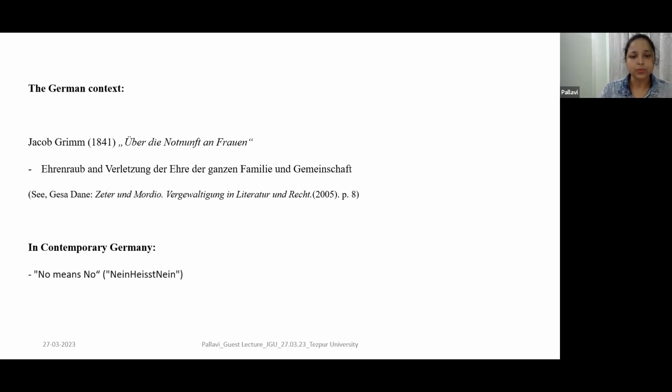In doing so, a person can also harm the honor of the entire family and the community. That's how it was being seen at that point in time. Grimm also suggests in this text that such crimes must be punished severely so that they do not occur in society. Now I will jump to contemporary Germany.